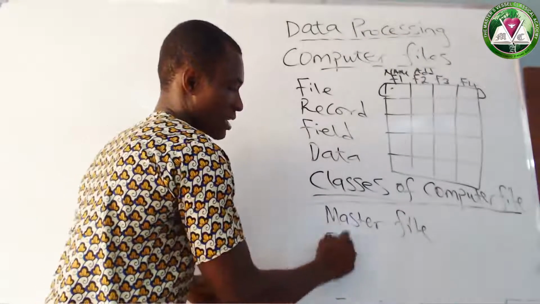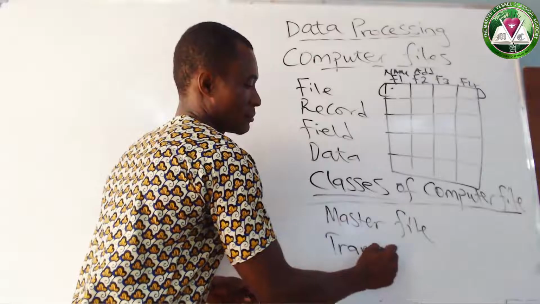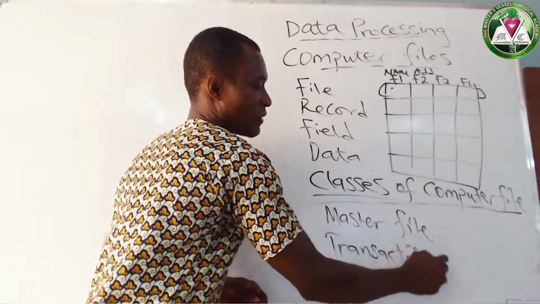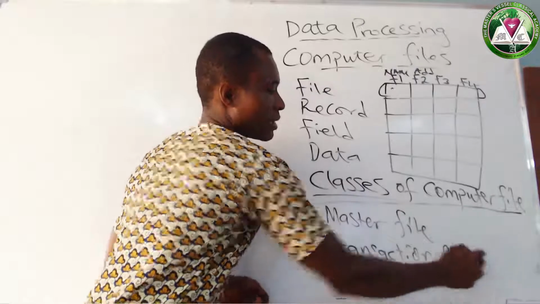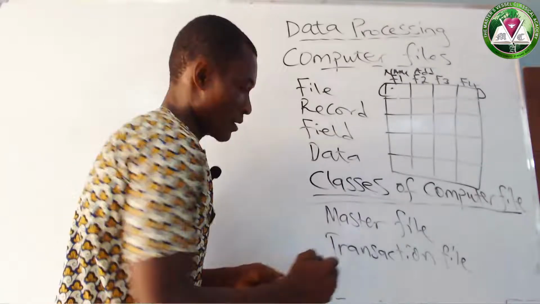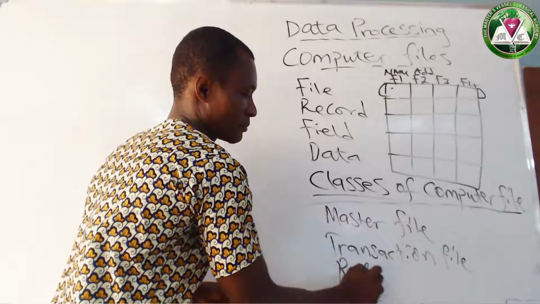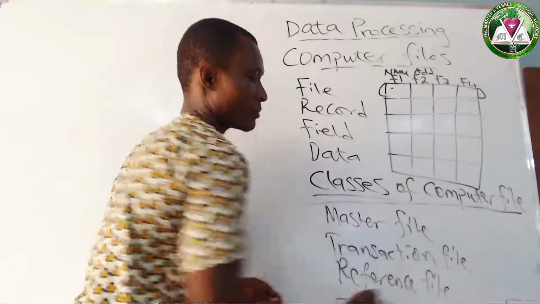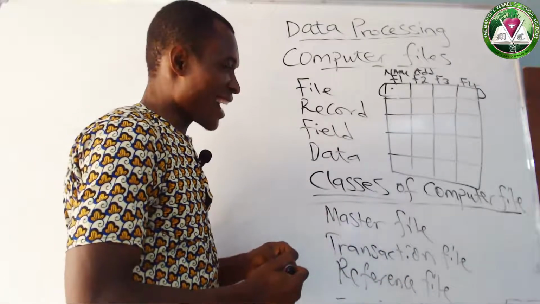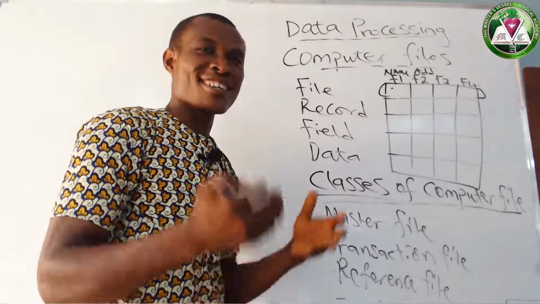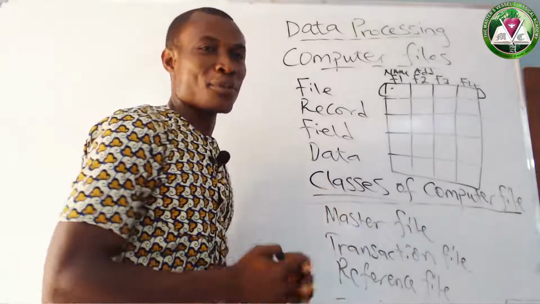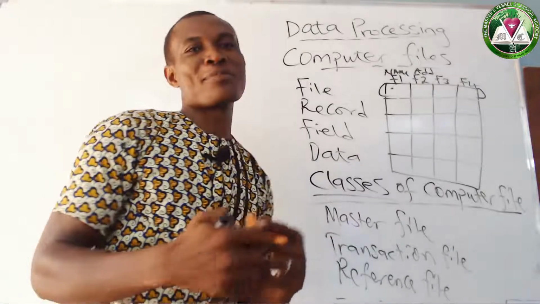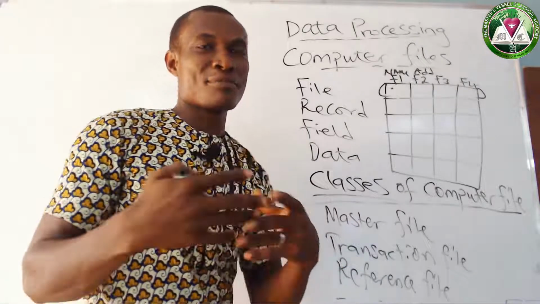Another is transaction file. Another one is reference file. There is yet another file that is called scratch file, but in most cases it is not mentioned, especially in books.